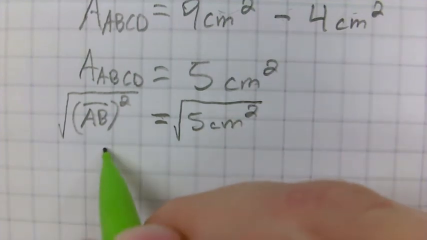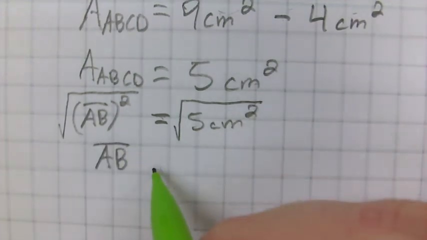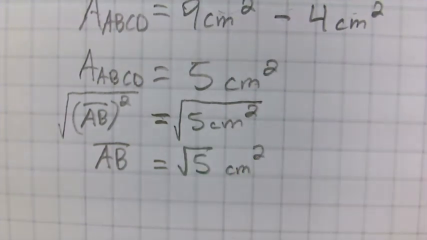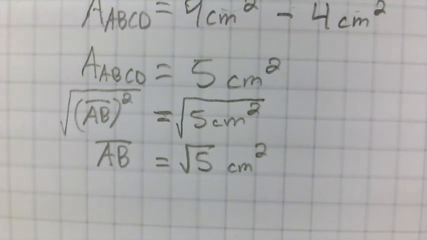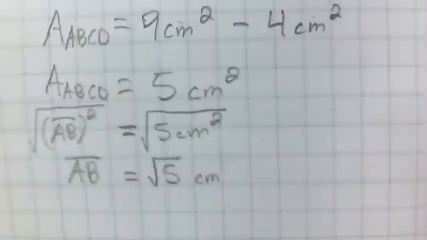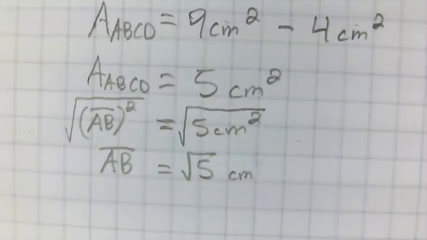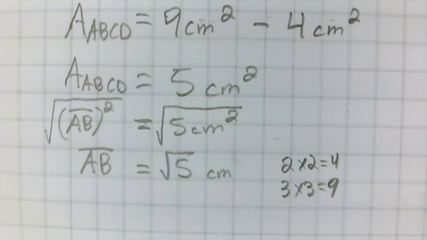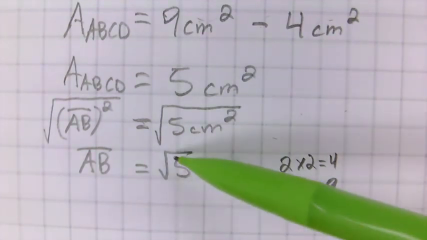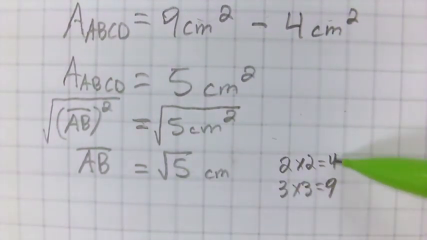So what is the length of AB? It is the square root of 5 centimeters squared. Sorry, centimeters. Because I square rooted, the unit then becomes centimeters. And using our chart, we know that that length is going to be somewhere between 2 and 3. Why? Because the 5 here that would get square rooted is kind of between 4 and 9. So I'd expect a 2 decimal and a lower number in the decimals.